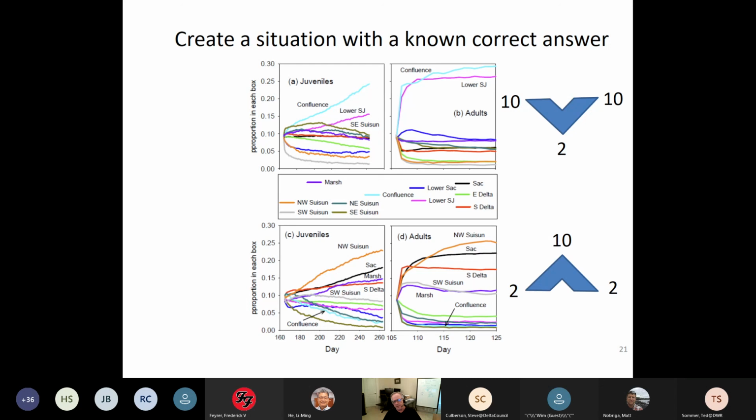So here's a case where in the code you fix salinity in different boxes so that the confluence is ideal and the others aren't, and you don't kill them, you don't grow them. It's just following them with their kinesis movement, not transport. So it's not particle tracking. And you see how long and how well do they find the value of salinity of 2 when everything else is controlled for.